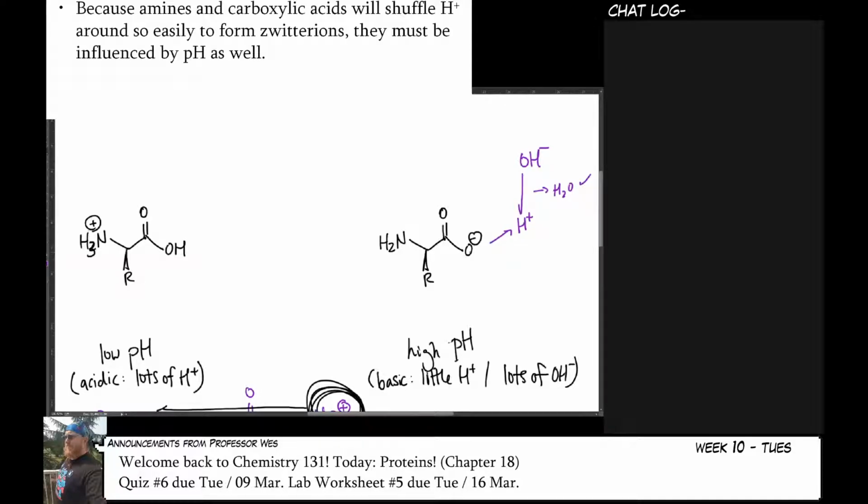So at high pH, the carboxylate side is deprotonated and has a minus charge. So that's this right here. I'm on the wrong layer. There we go. At low pH, the amine is protonated.